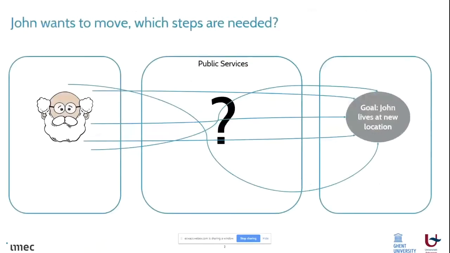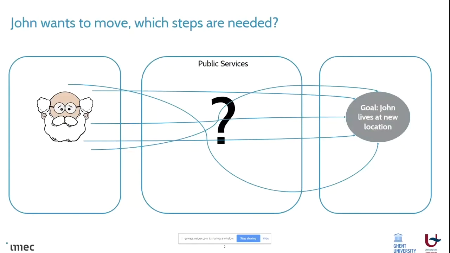So basically, what we are looking into in the project, we have a very simple use case. Let's see, we want to improve the customer journey. So therefore, we want to first see, what is a customer journey? It's a person's experience during a session of using an application consisting of a series of steps to reach a certain goal. And we are looking into that from a governmental perspective.